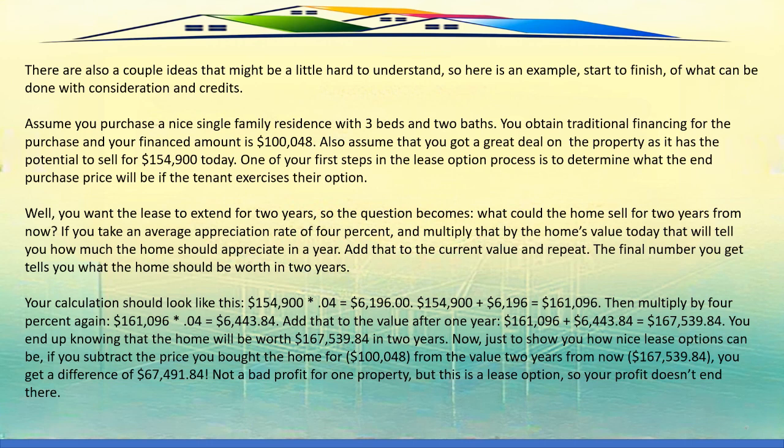Now, just to show you how nice lease options can be, if you subtract the price you bought the home for, $100,048, from the value 2 years from now, $167,539.84, you get a difference of $67,491.84. Not a bad profit for one property, but this is a lease option, so your profit doesn't end there.